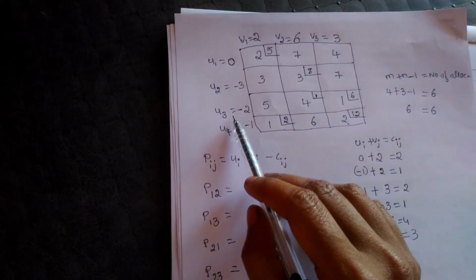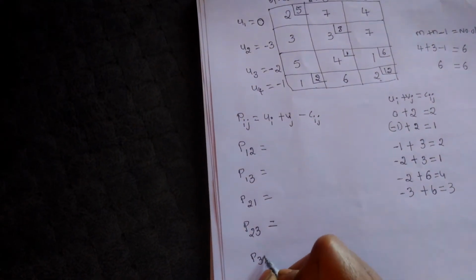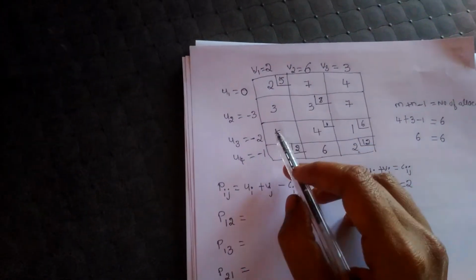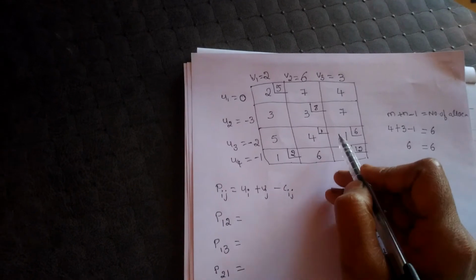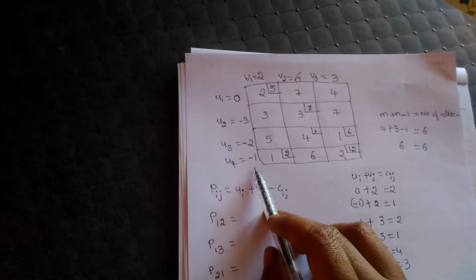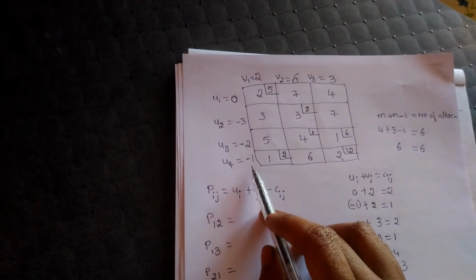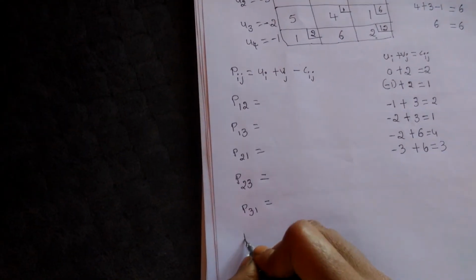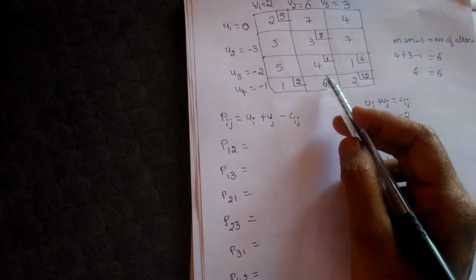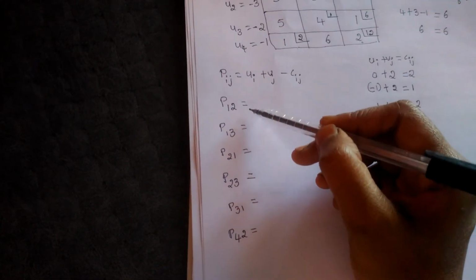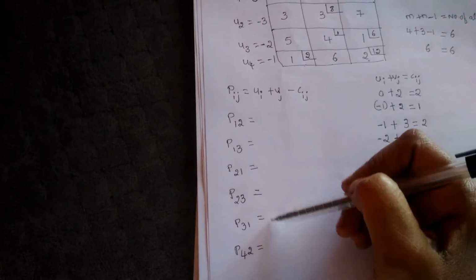In the third row I have P31, P32 is also been allocated, P33 is also been allocated. So now I am left with P4. P41 has been allocated, so P42, fourth row, second column. This is the only unallocated cell in the fourth row. So these are the cells for which you will have to find out the penalties.